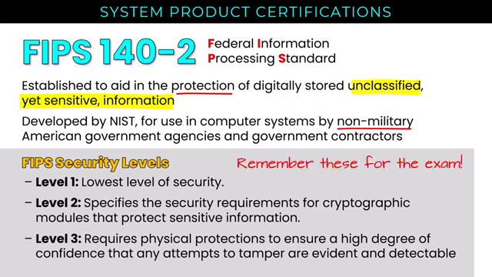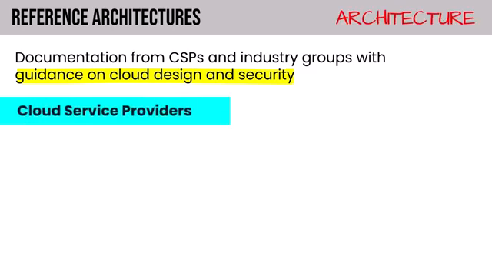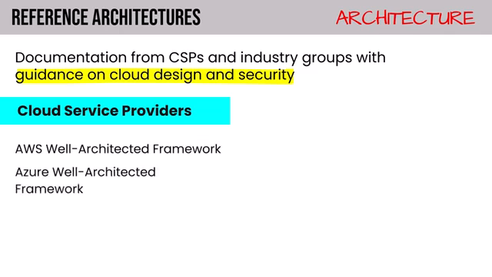And as we close out Domain 1, I want to point you to some useful documentation from CSPs and industry groups with guidance on cloud design and security. So in the architecture category, we have the AWS Well-Architected Framework, the Azure Well-Architected Framework, and the Google Cloud Architecture Framework.